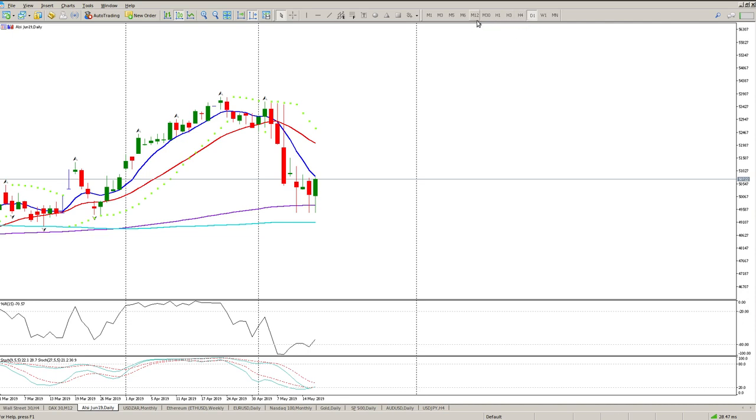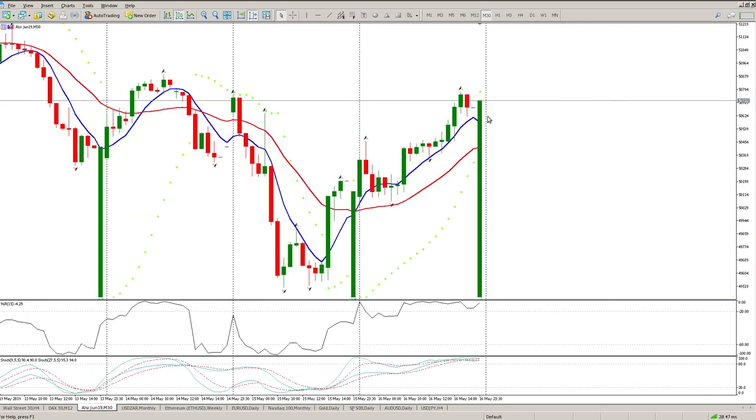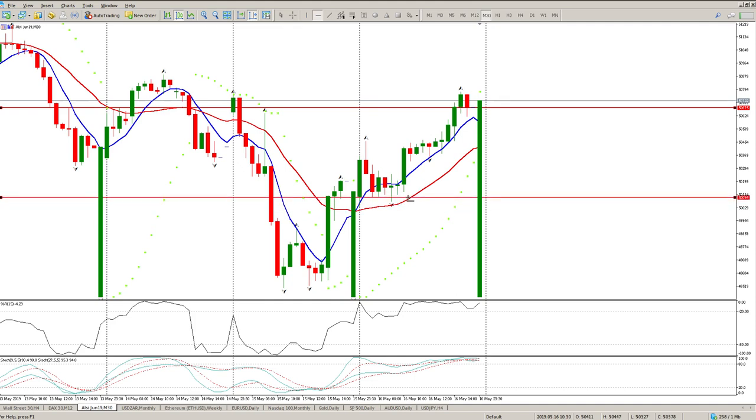But let me just get down to a lower time frame so we can get the levels in. You can see again this nonsense here. So we actually closed there. That was our close. And I just want to get our open in. So our open was there.